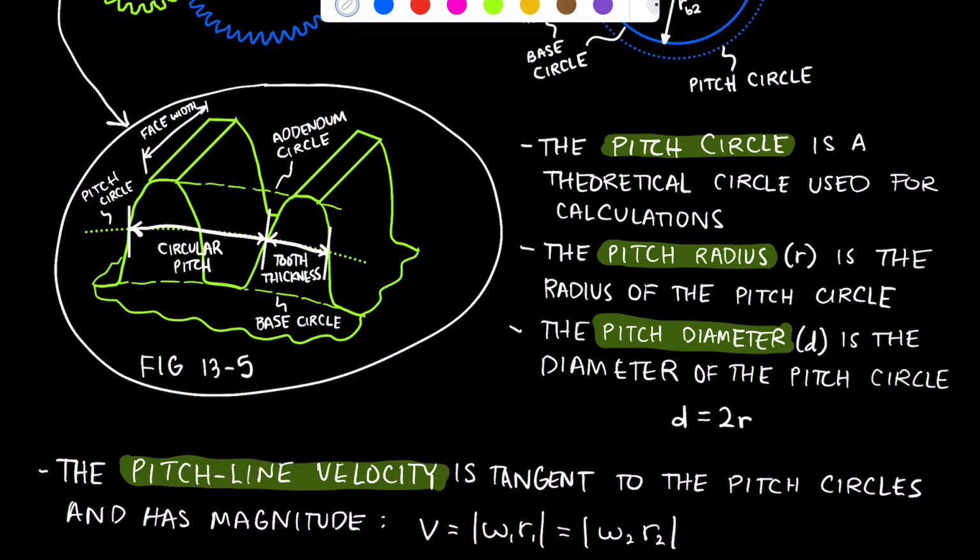All right, so let's talk about this pitch line velocity for a second before we move on to more terms. The pitch line velocity, as it says here, is tangent to the pitch circles and has this given magnitude.